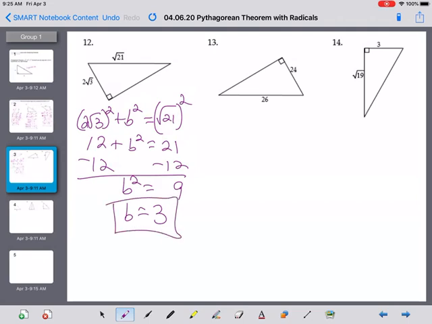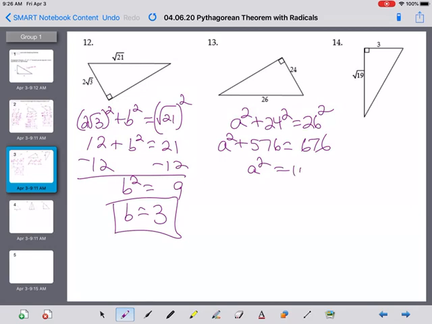Number 13, we have a squared plus 24 squared equals 26 squared. And then 24 squared is 576. 26 squared is 676.